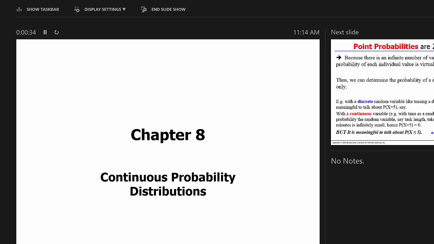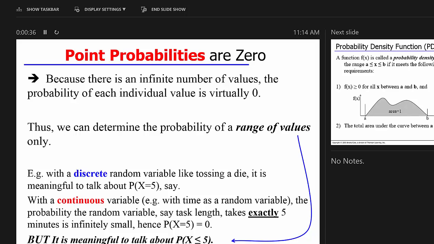So continuous probability distributions. Before we get to the normal, let's talk in general about the continuous distributions. Continuous numbers, they're not discrete, right? I said it wrong. There are infinitely many numbers, right?